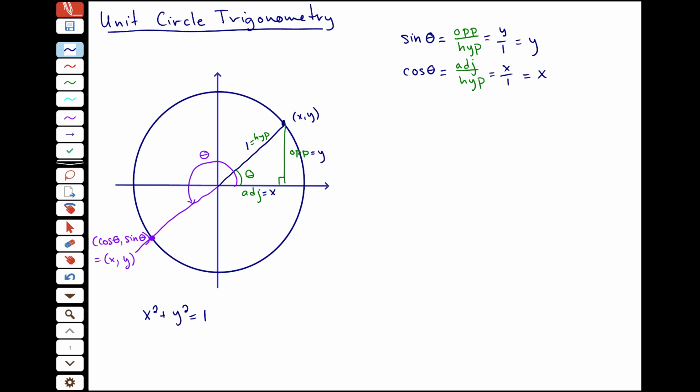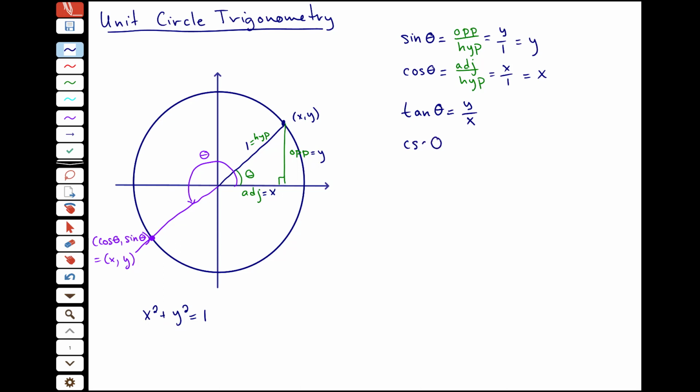So let's see what this does in terms of the other trigonometric functions. So tangent of an angle, remember originally this would be the opposite over adjacent, and so the tangent of an angle is going to be the y coordinate divided by the x coordinate.